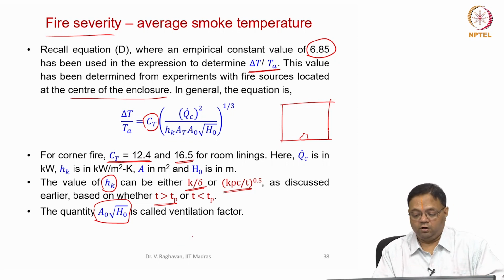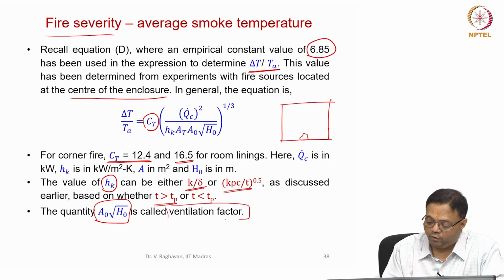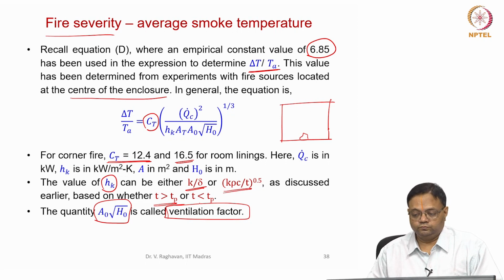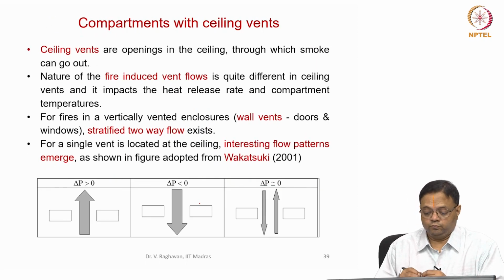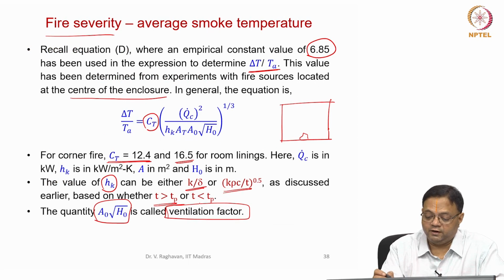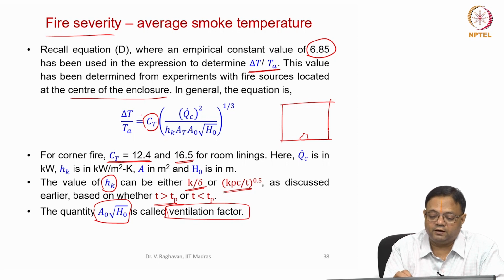This is called the ventilation factor. This is a very important factor for us, the ventilation factor. Now the fire severity: when you have a corner fire or a room lining fire, etc., you can see that the delta T rise becomes more and more severe because of the increase in the constant values.